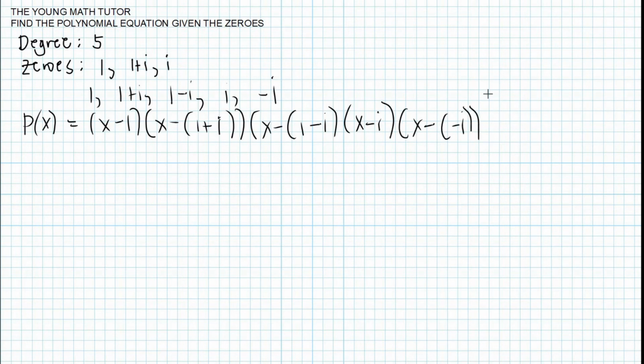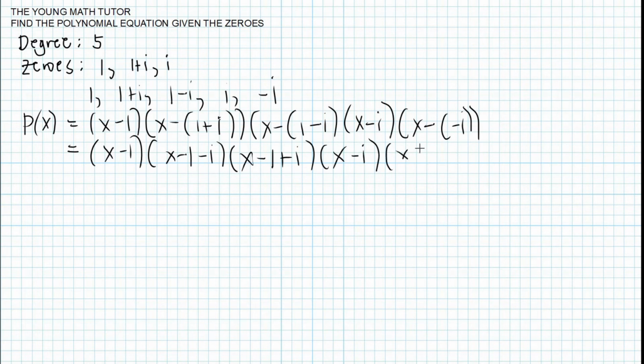If we simplify this one by distributing the negative signs, that would be x minus 1, x minus 1 minus i, x minus 1 plus i, x minus i, and x plus i. After that, we can simplify these by multiplying them by pairs.